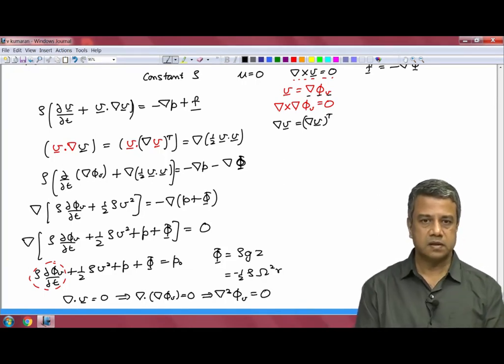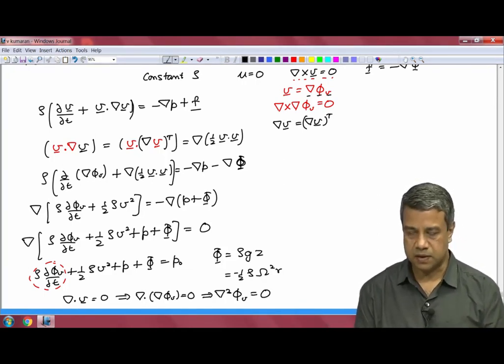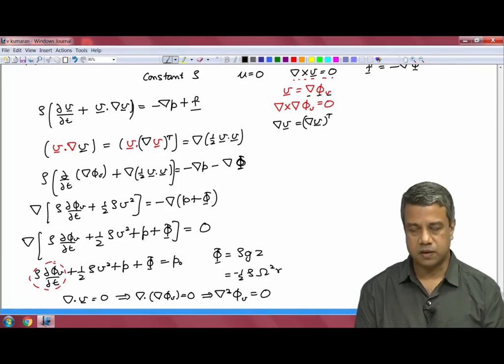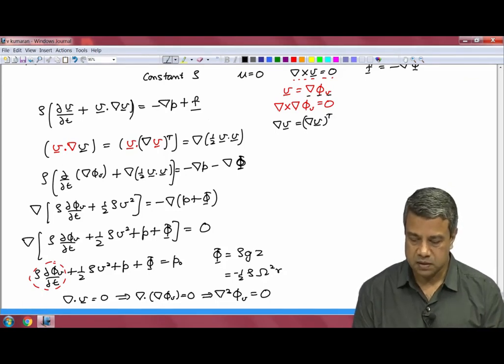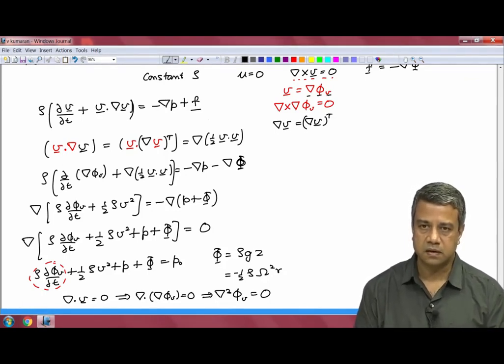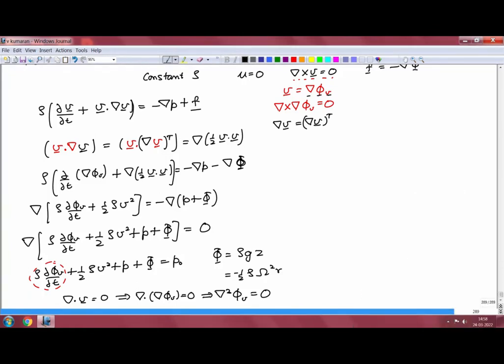So, that is the mass conservation equation combined with the momentum conservation equation, which is the Bernoulli equation for an inviscid irrotational flow. So, this completes our derivation or our justification for the Navier-Stokes mass and momentum conservation equations for an incompressible fluid with constant viscosity.